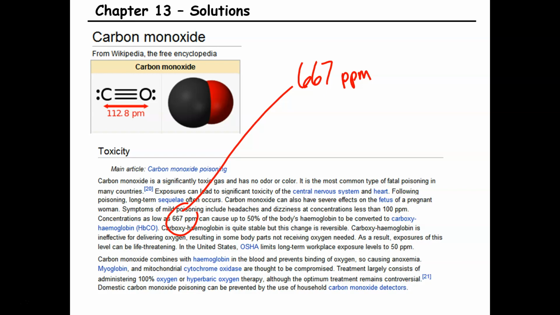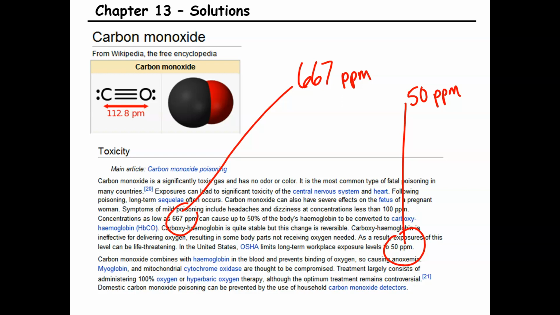Now, OSHA is the Occupational Safety and Health Administration. They set standards for workplaces and schools, and they say that we should keep our concentration of carbon monoxide at 50 parts per million or less. That's pretty small.